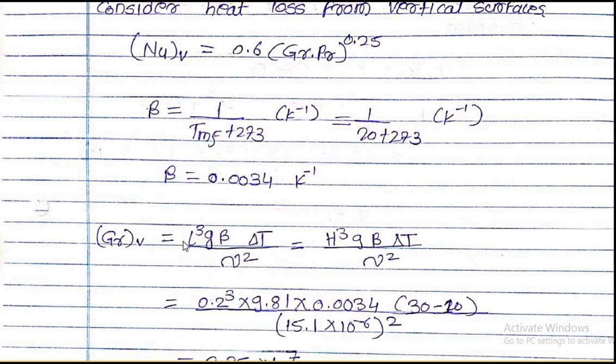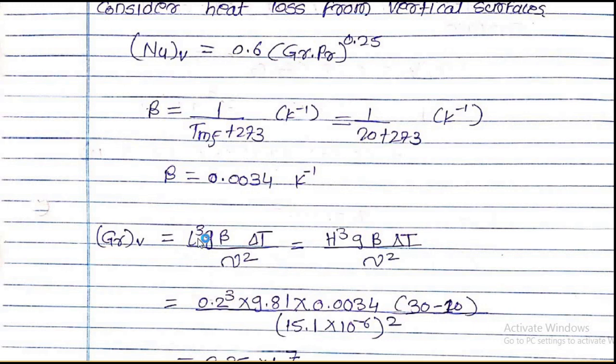Grashof number is equal to L cube multiplied by g multiplied by beta multiplied by delta T, where L is the characteristic dimension. In the case of vertical plates, vertical surfaces, and vertical cylinders, the height should be considered as the characteristic dimension.